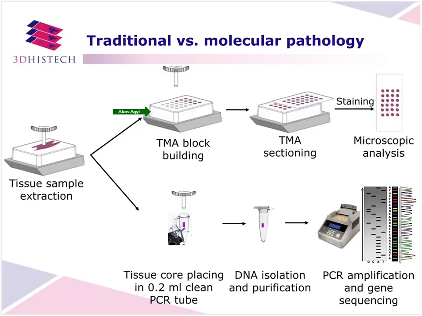This tissue core could be used for DNA or RNA extraction, and using this extracted DNA, you can make several molecular biology tests and applications such as PCR or gene sequencing.